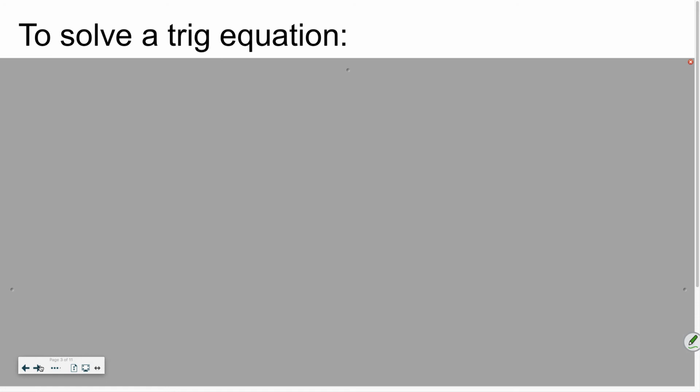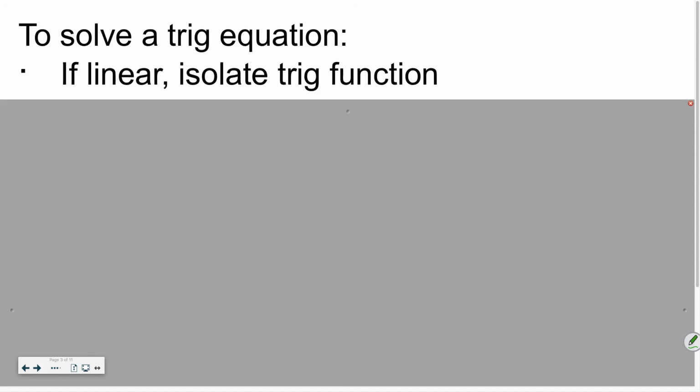So if you have a linear trig equation, get the trig function by itself. Okay, sine of x equals 1/2. The trig function is by itself. So add or subtract anything connected to it, divide anything out that's connected to it, and then we can look at where the trig function is equal to a particular number.